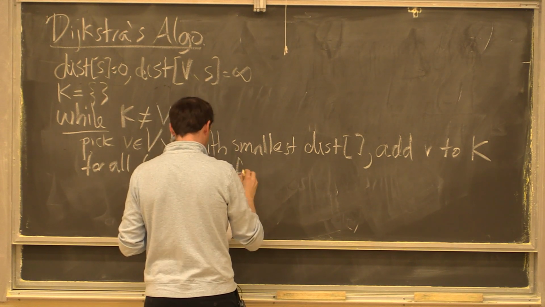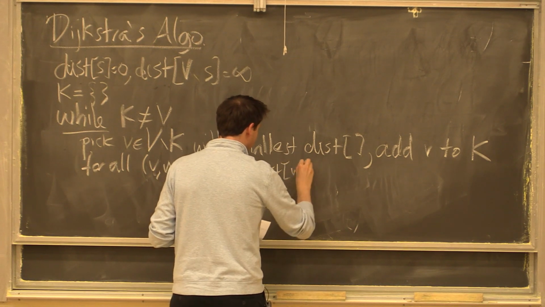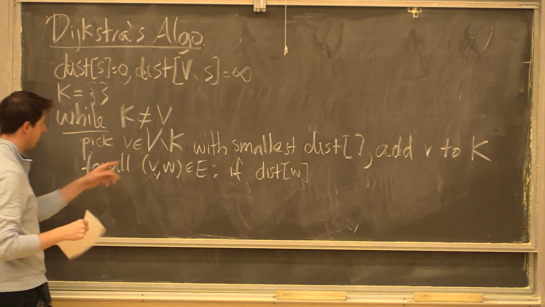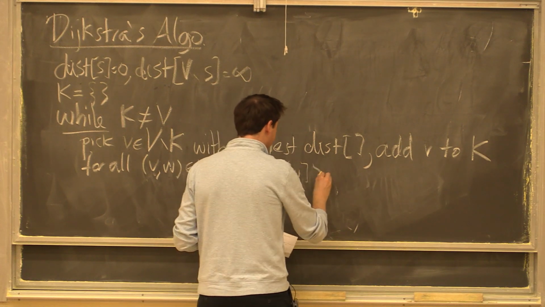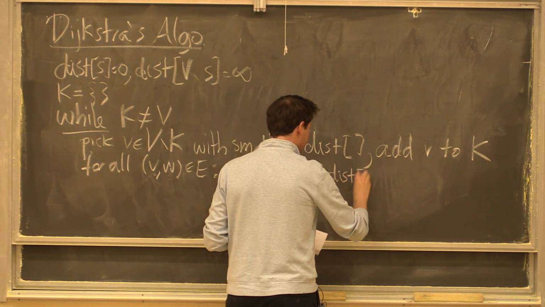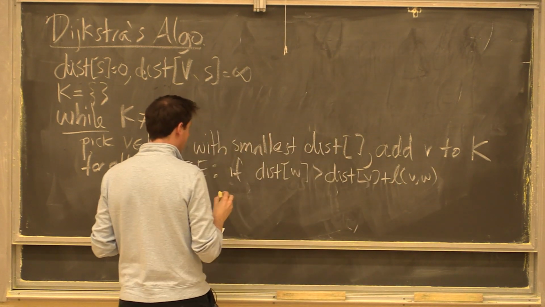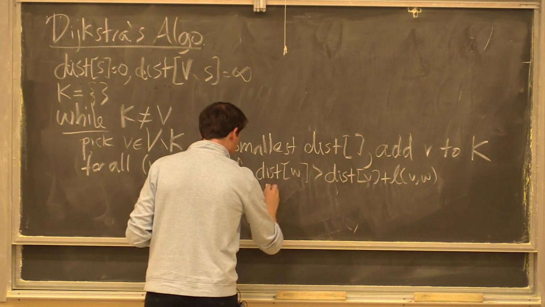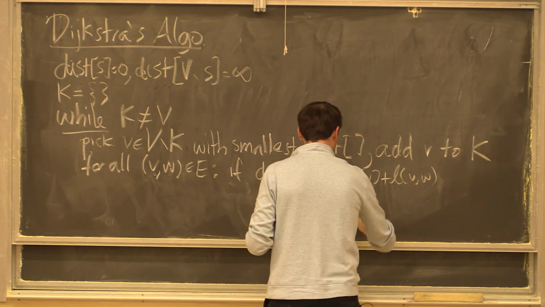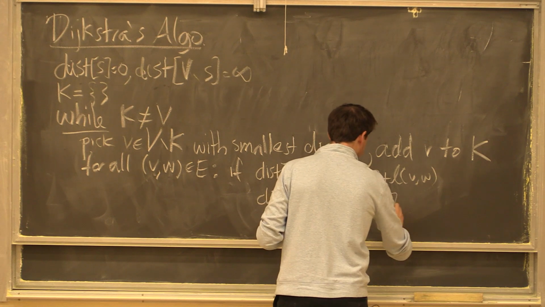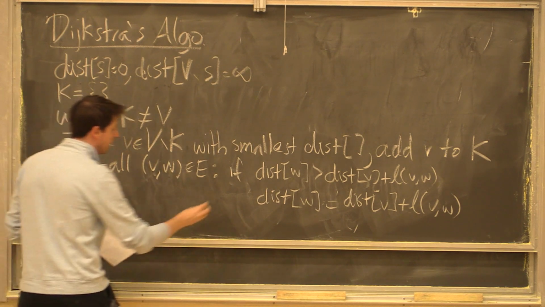If the distance that we have for the other side of the edge, so we were going from V to W, if the current estimate of W is bigger than what we would get from distance of V plus the length VW, then we're going to set our estimate for W to be this value, because we have a better estimate to get there.